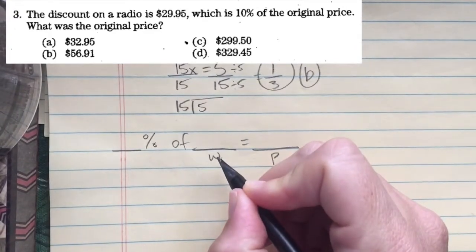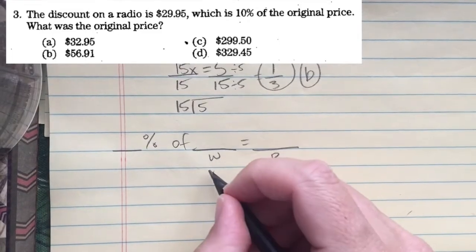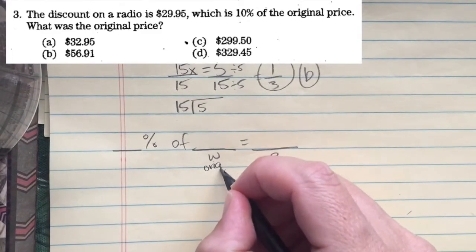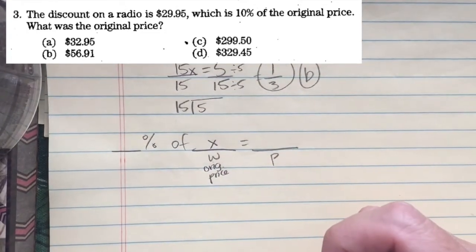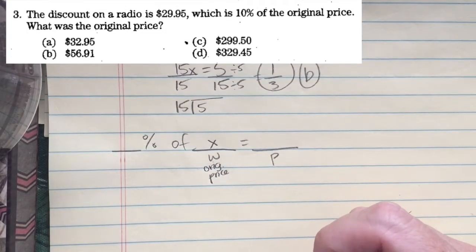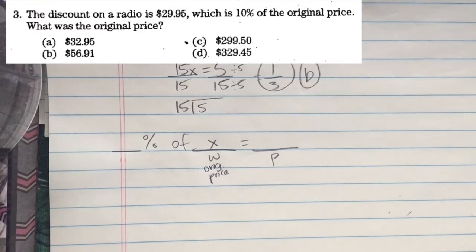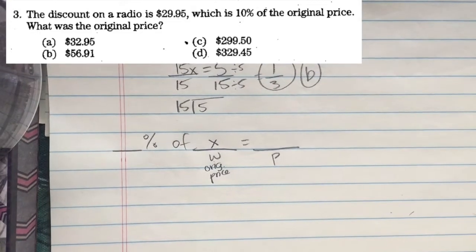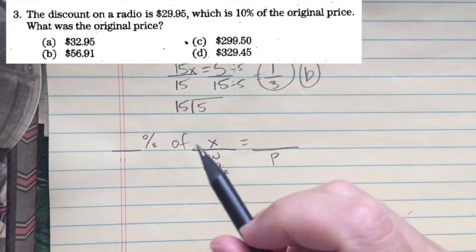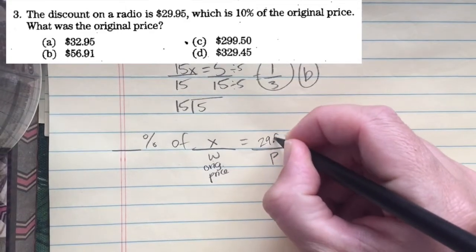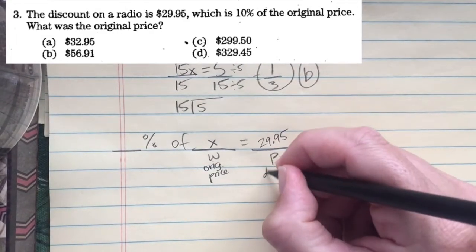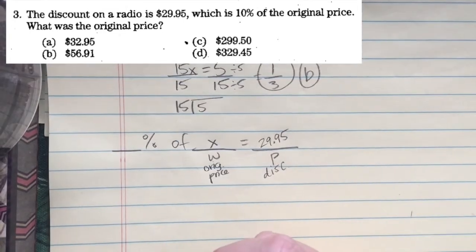So the original price, which is what goes here, always, always, always, is what we are trying to figure out. They have given us the amount of the discount. It says the discount on a radio is $29.95. So that number is considered to be my part for this problem, which is a discount.